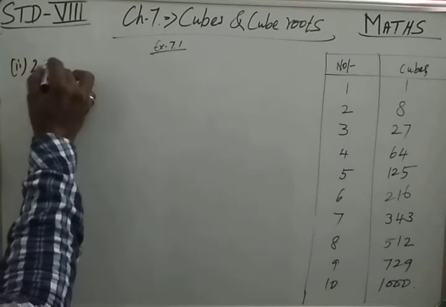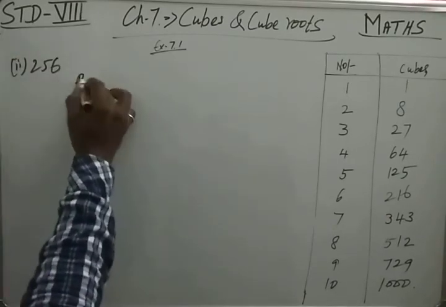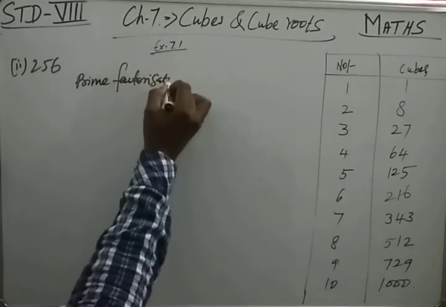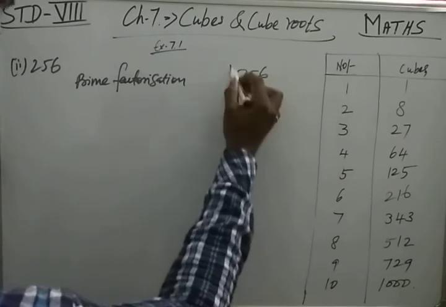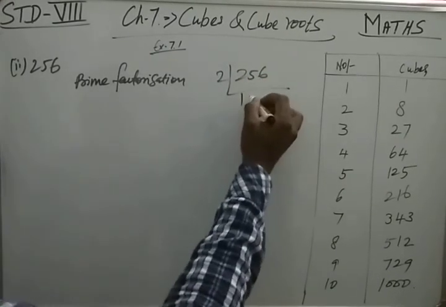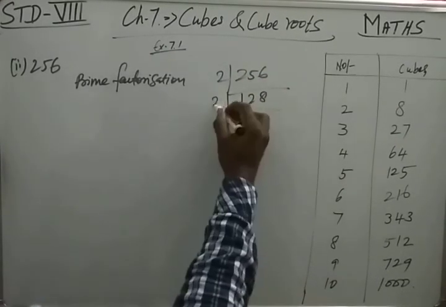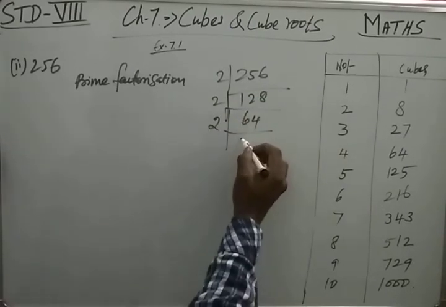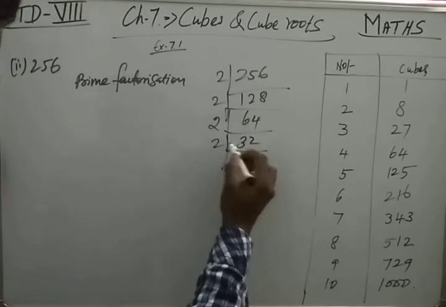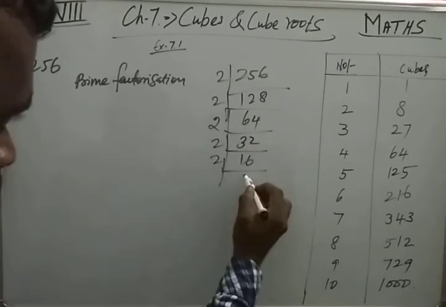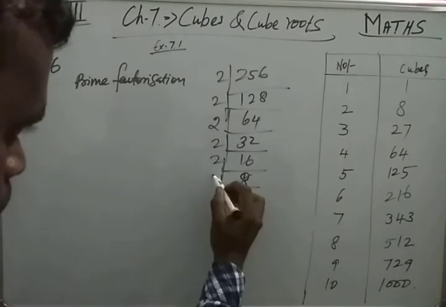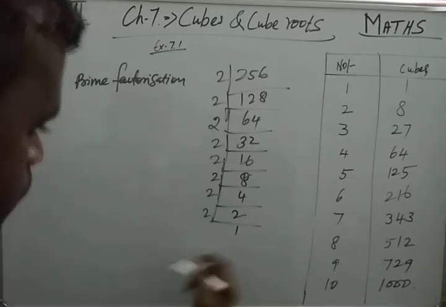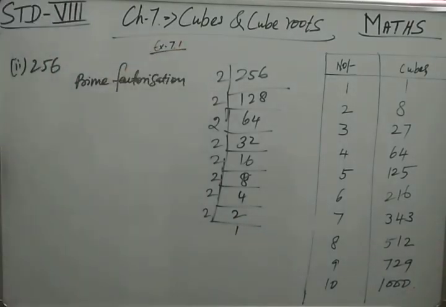So prime factorization. 256: 2, 128, 64 and so on. Okay, we got the prime factorization over here.